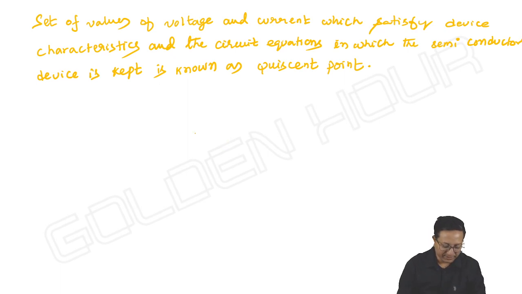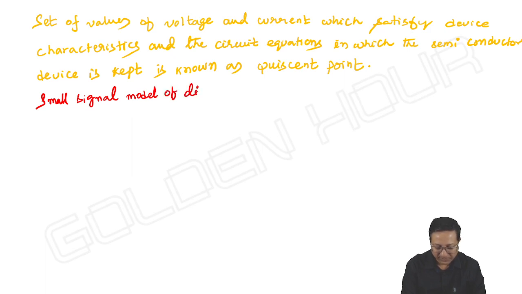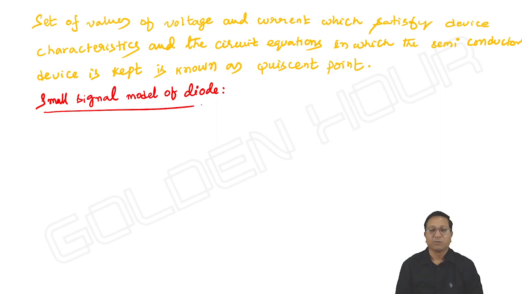Right. The next one is small signal model of PN junction diode. What is meant by this small signal model?